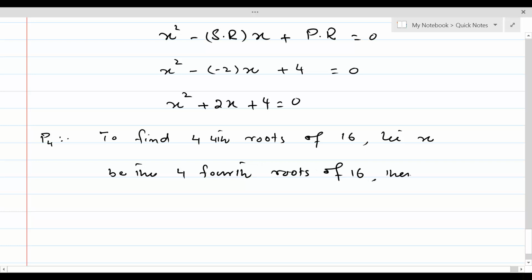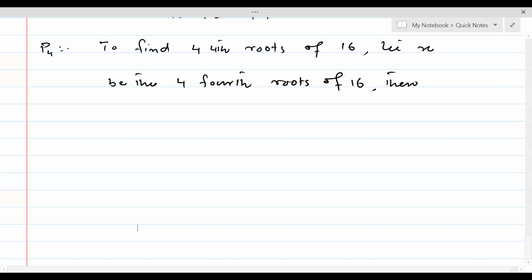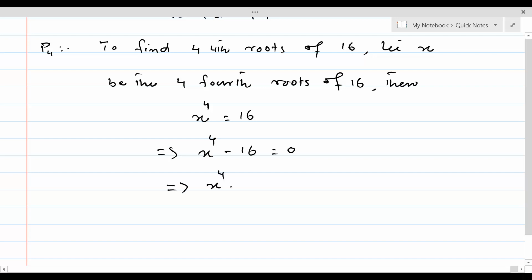Then x power 4 is equal to 16. This means x power 4 minus 16 is equal to 0, or we have x power 4 minus 2 power 4 is equal to 0.